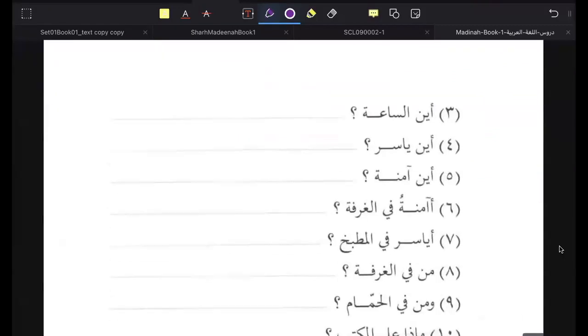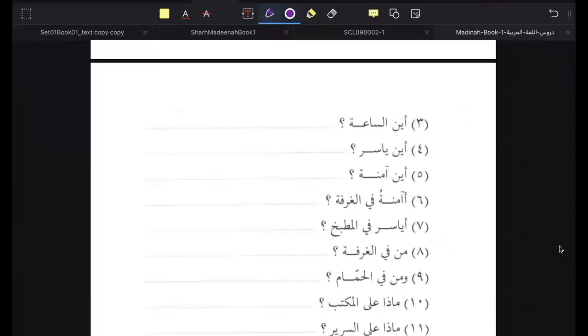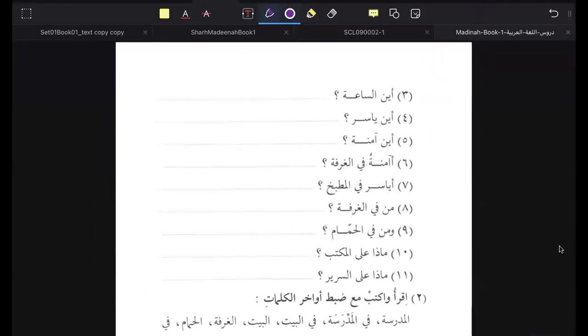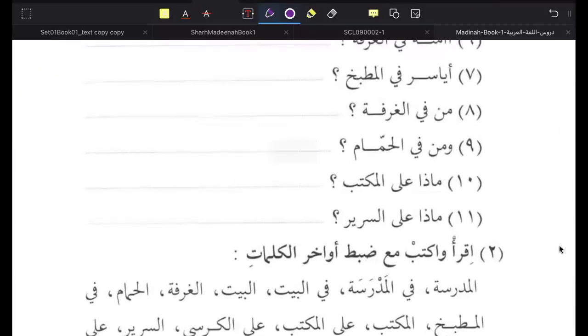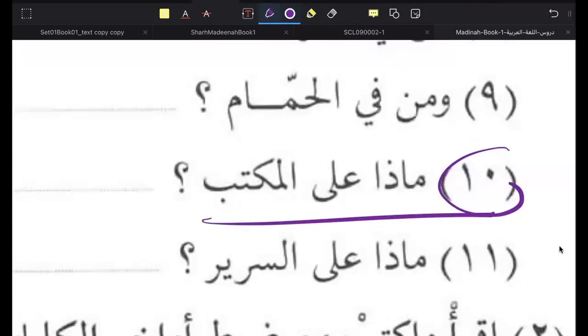Do the exercises. All of these exercises are fairly simple. If the answer to the question is not in the reading comprehension, just make something up. Shouldn't be a problem. For example, it says "ماذا على المكتب", and this is a good exercise. By the way, it depends on what book you have. If you have other books, they may give you all the harakat, which is fine.